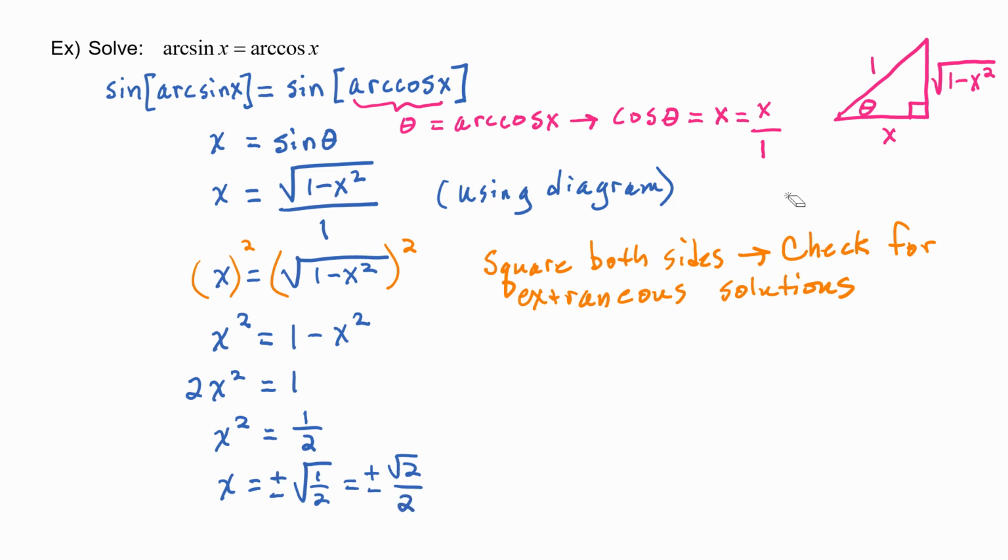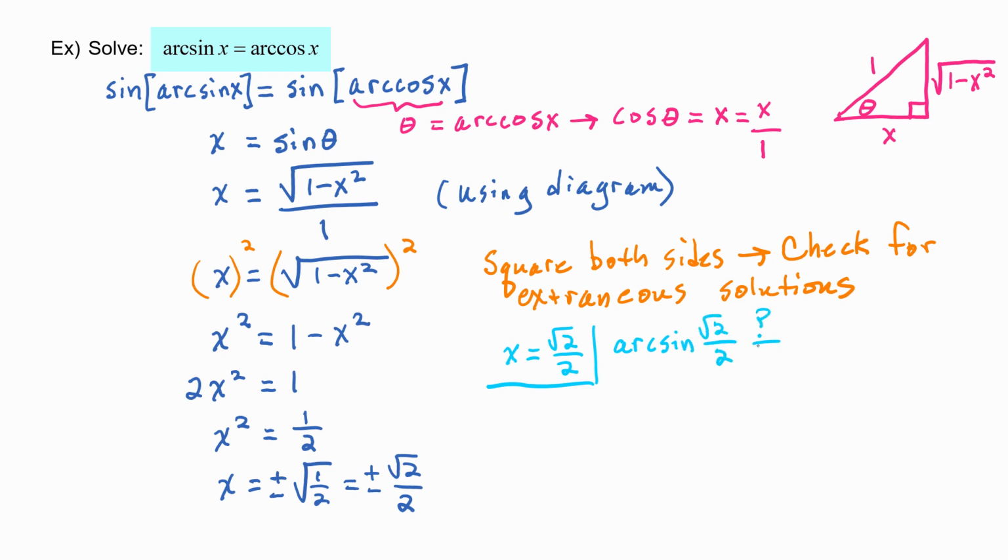Now remember that when you square both sides, you have to check for extraneous solutions. So let's try these two. If we let x equal radical 2 over 2, and then let's check it in the original equation, we would have arcsine of radical 2 over 2.